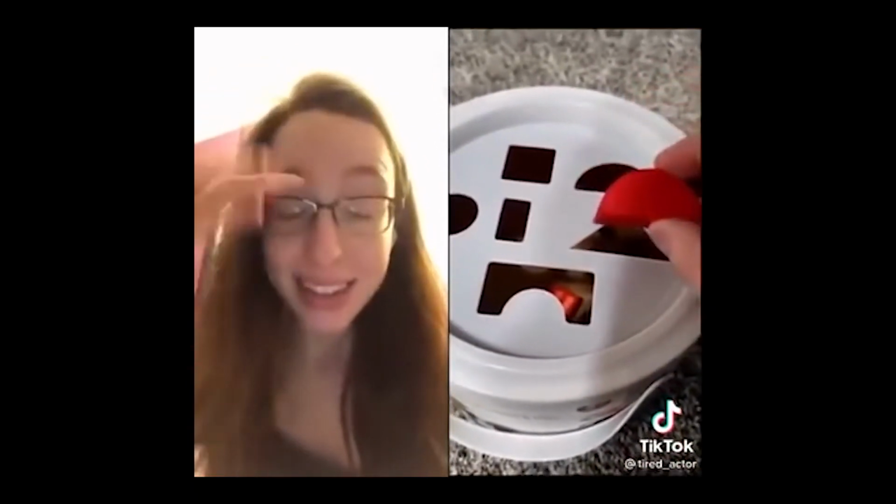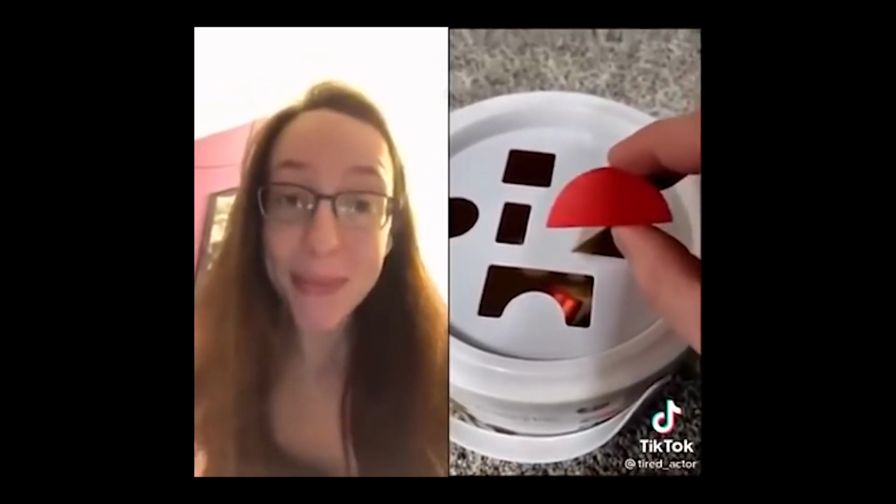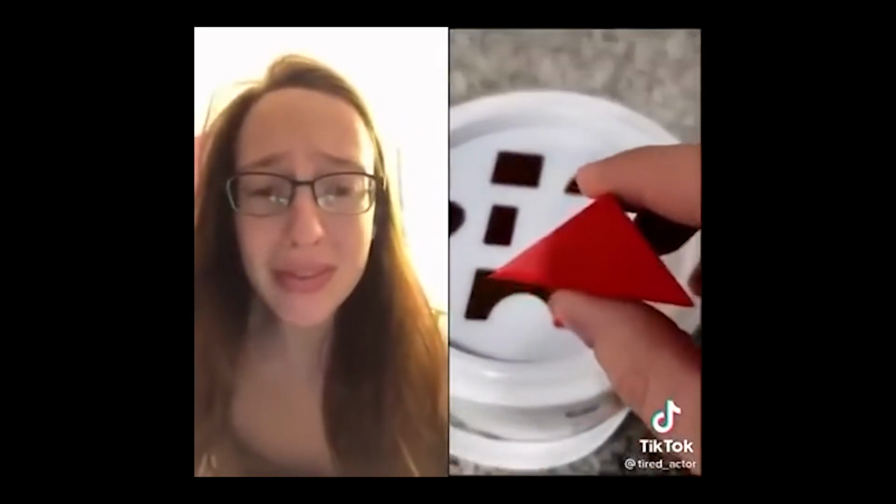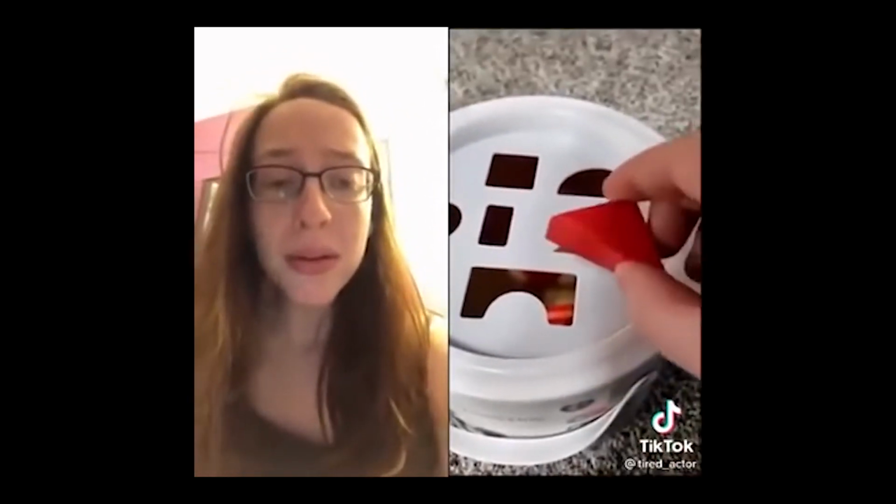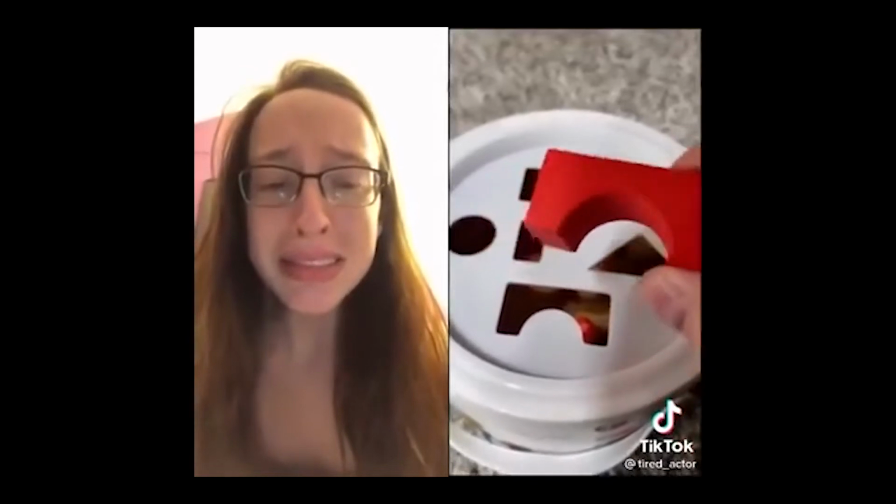Now, we've also got this semicircle right here. Do you see a slot that would fit the semicircle? The semicircle. That's right. It's the square hole. Okay. Up next, the triangle. We know what hole that goes into, right? Triangle. That's right. The square hole. And up next, we have the arch. The arch. You guessed it. It goes in the square hole.